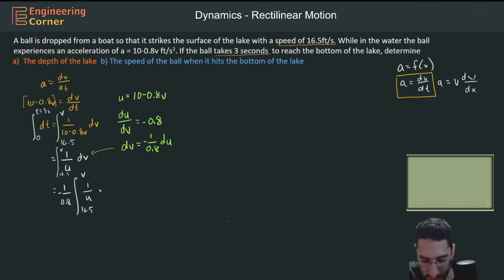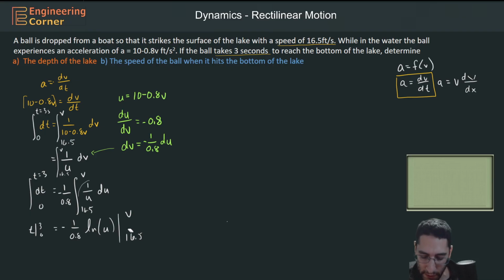And this becomes du. So this is, right, just u substitution from calc 2. This side stays the same, so this is still dt from t is equal to 3 to 0. And now this is an integral we know. So this is going to be t evaluated from 3 to 0 is equal to minus 1 over 0.8 times the natural log of u, which is going to be evaluated from v to 16.5.